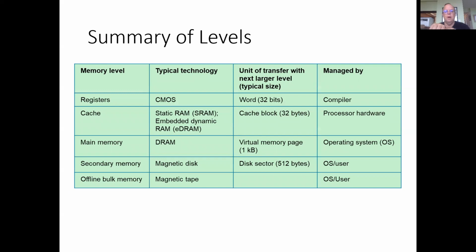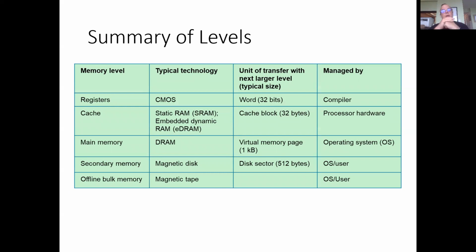It's 32 bytes for its unit of transfer. So again, a much larger unit of transfer, a little slower. It's managed by the processor hardware. Main memory is the dynamic RAM, and the virtual memory page is 1 kilobyte, again a larger unit of transfer, but a little bit slower, and that's managed by the operating system.